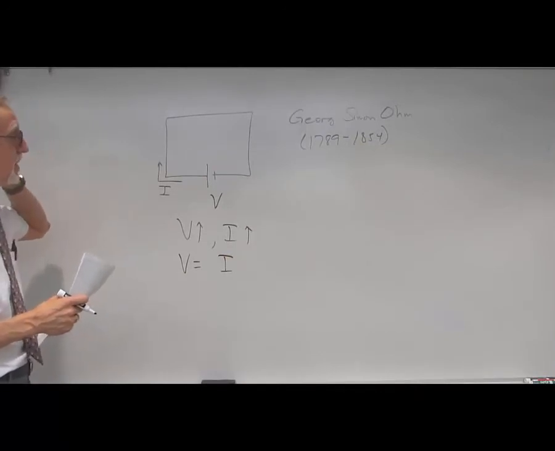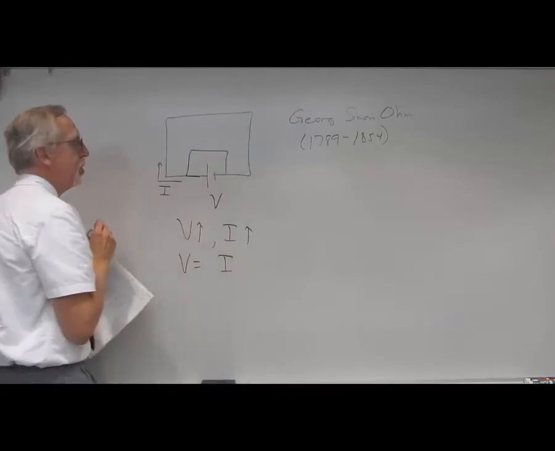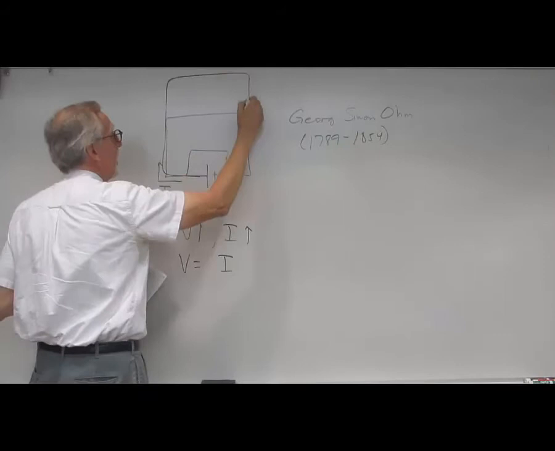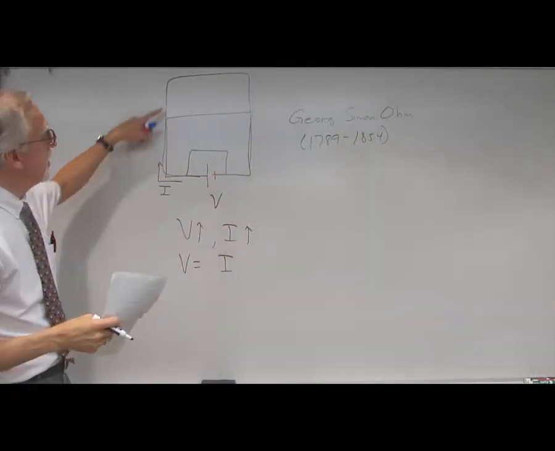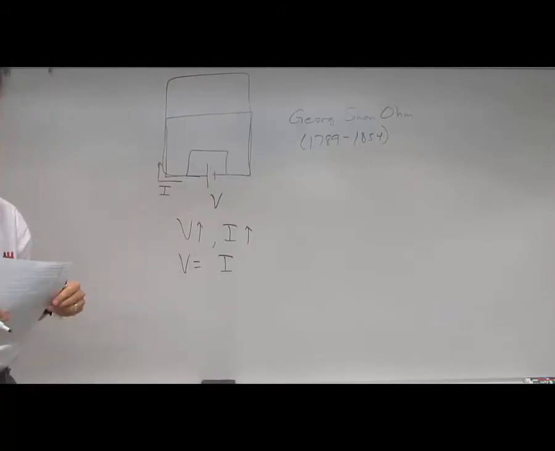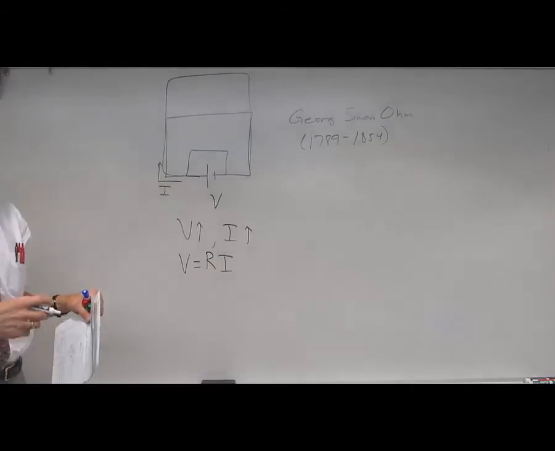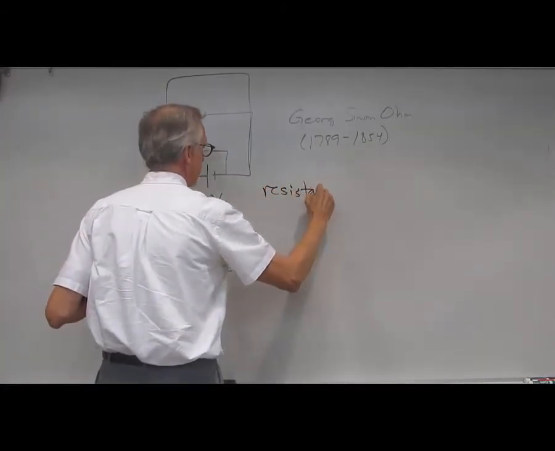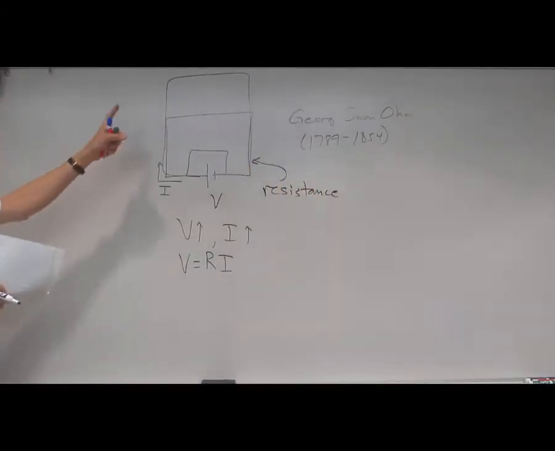Well, he noticed that if you had a short wire, you got a lot of current. But if you had a much longer wire, you got less current. So there was something about the wire that could affect the amount of current. He called that, or we will call that, the resistance of the wire, or the resistance of whatever is in the circuit.